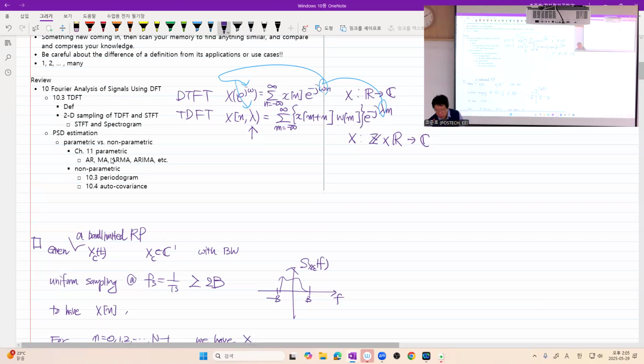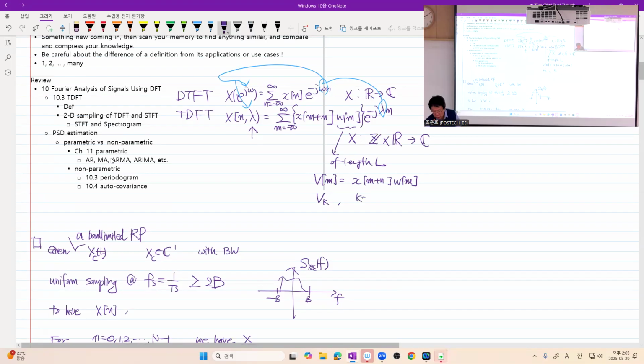So, for example, this is of length L, and we take v of m as what? The product of these two. And we pad some zeros and then perform DFT with N-point DFT.